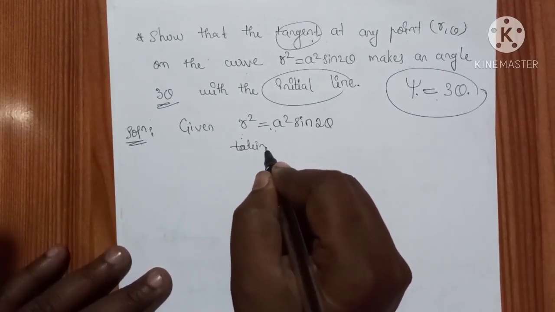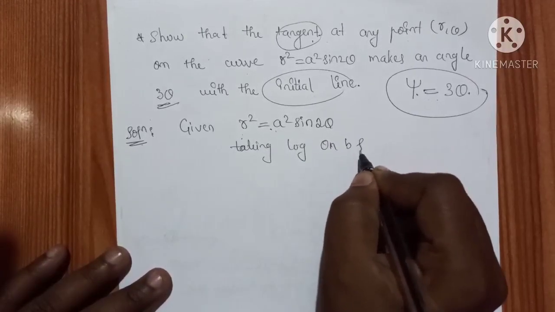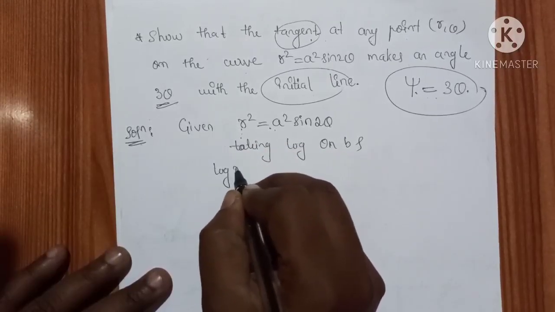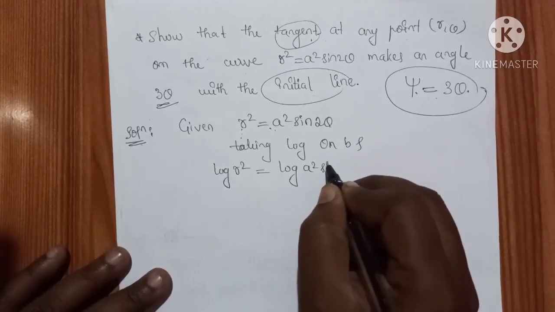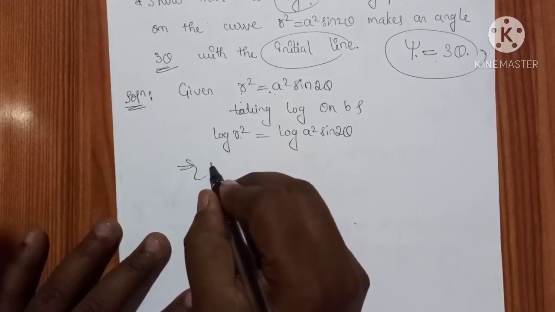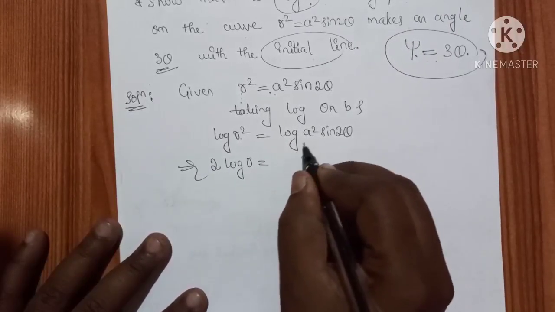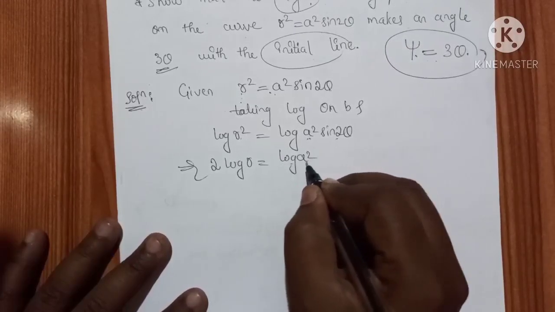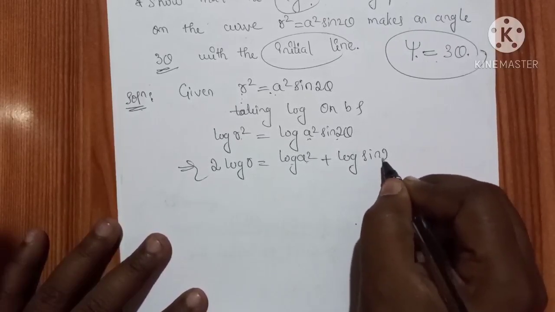Taking log on both sides, we get log of r square equals log of a square into sine 2 theta. So this implies that r square can be written as 2 log r, and by the log of m into n formula, we get log of a square plus log of sine 2 theta.